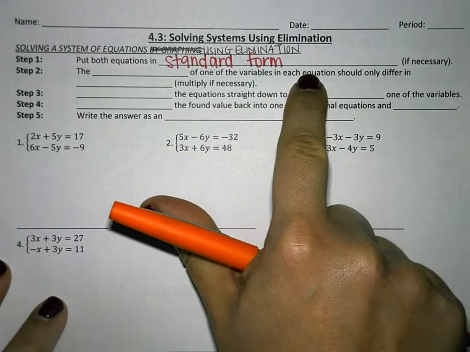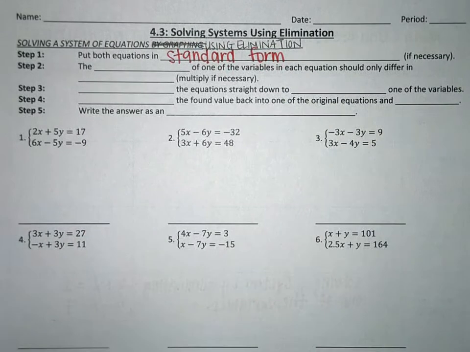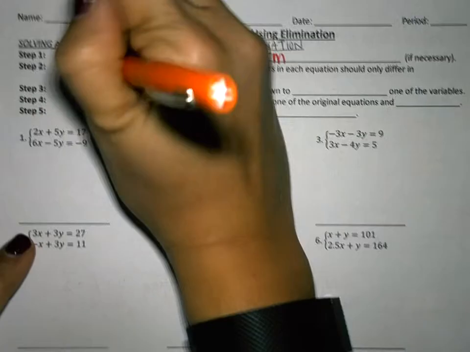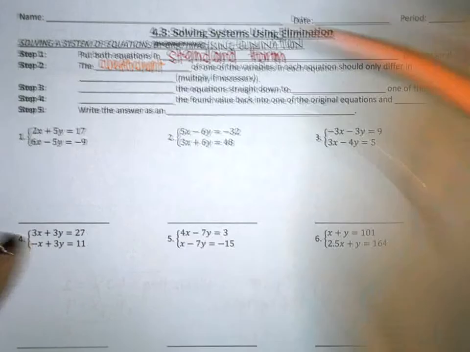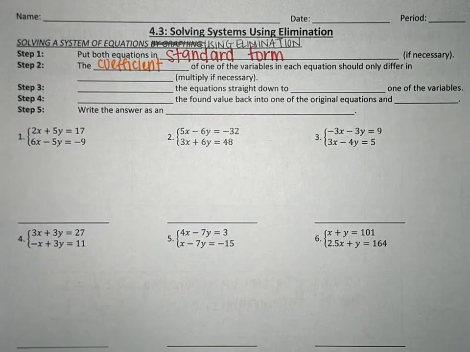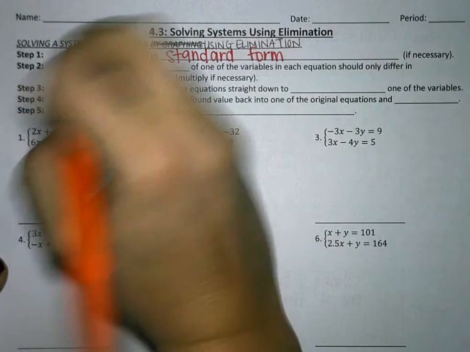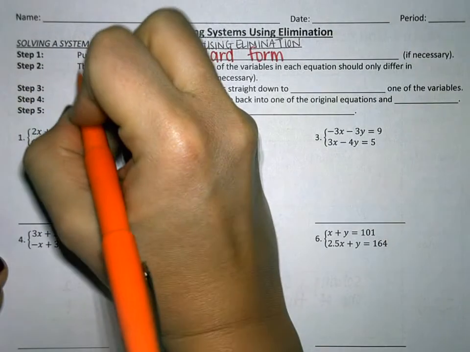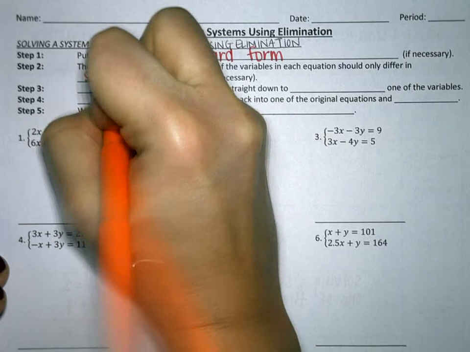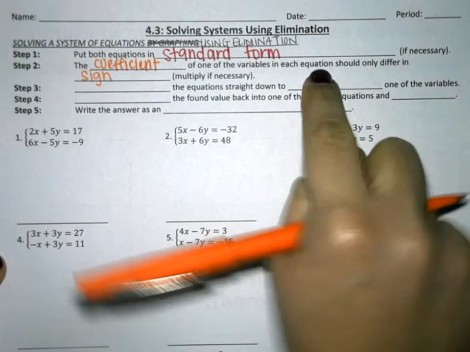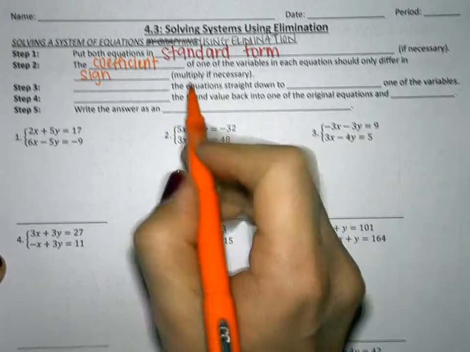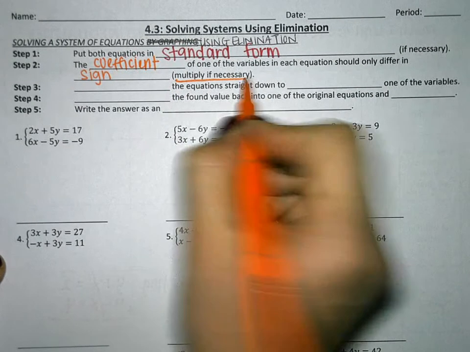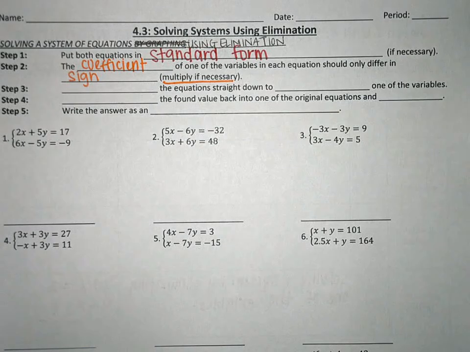Then the thing about elimination is we want the coefficient of one of the variables to have the same number but be opposite in sign. So we want the coefficient of one of the variables in each equation, and they should only differ in sign. So you will multiply if necessary to get the numbers the same but opposite signs.